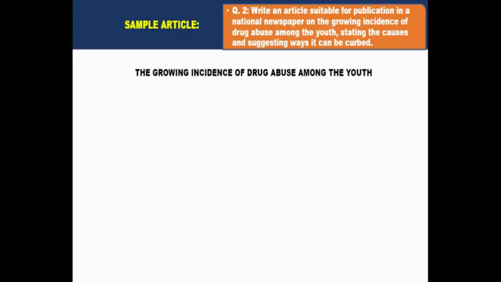So, and this is the method we have chosen here: the growing incidence of drug abuse among the youth. So we have taken this title from the question prompt. You are asked to write an article suitable for publication in a national newspaper on the growing incidence of drug abuse among the youth. So we just take this here and we use it as a headline.